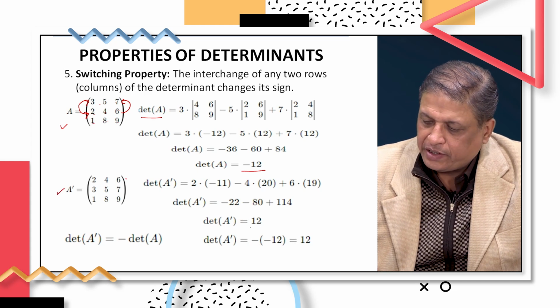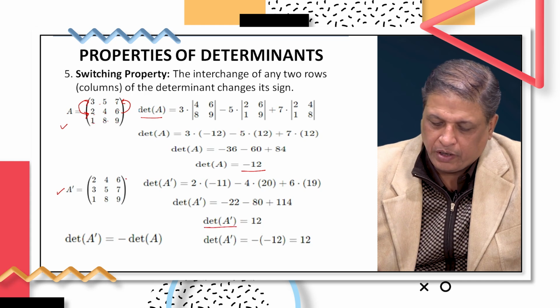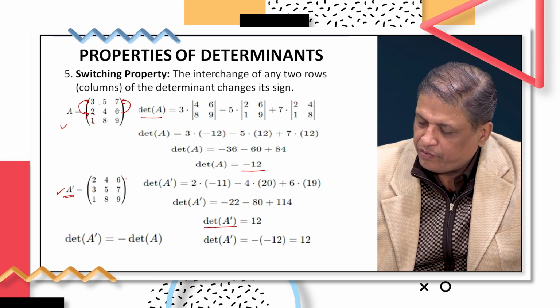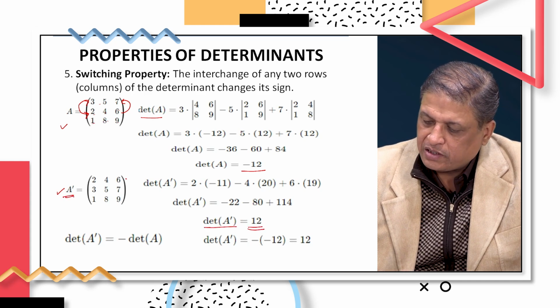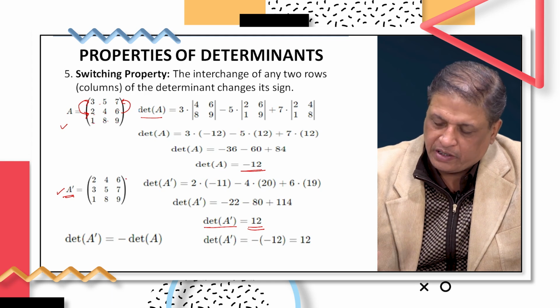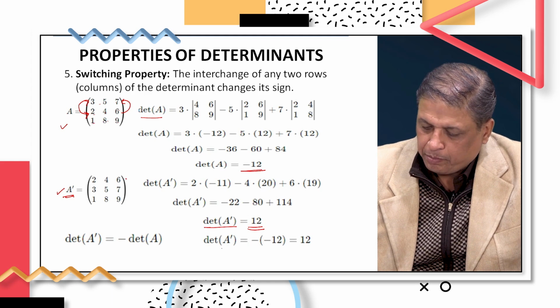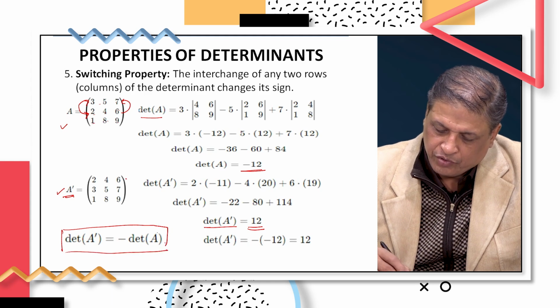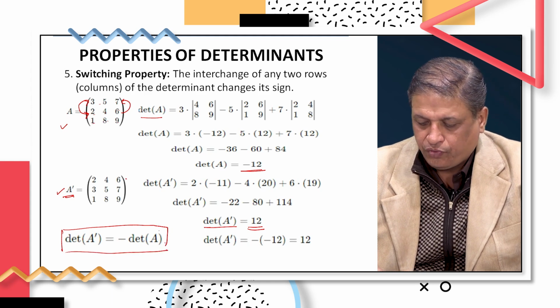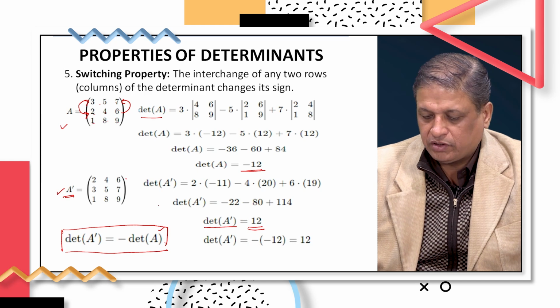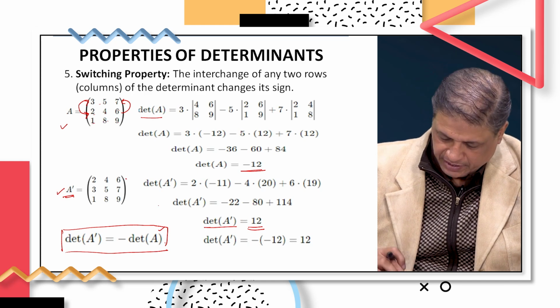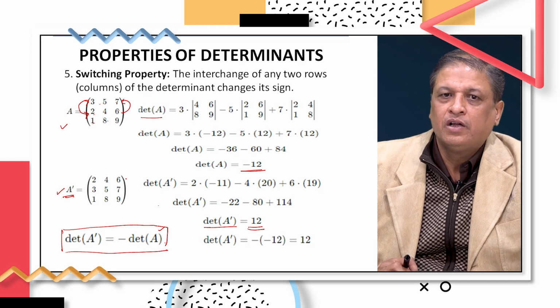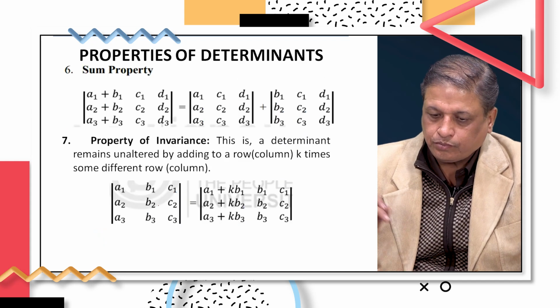We calculate the determinant value of the new matrix A dash, and it turns out to be 12, whereas the determinant value of the original matrix A is minus 12. That means the sign is changed. Whatever the sign was for A, the inverse of the sign is for A dash. I hope you are able to understand this property.